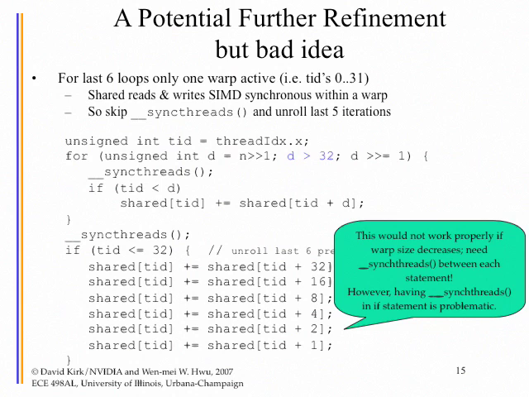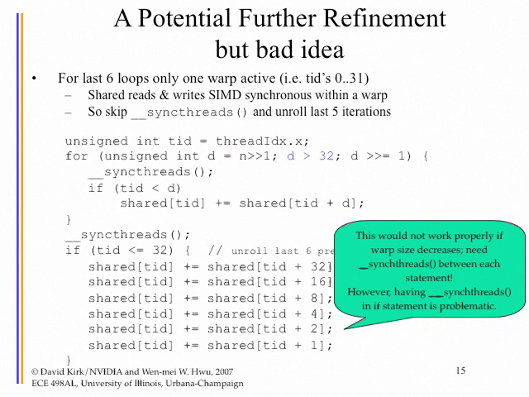If you put in the sync thread between each line, does it cost you a lot since it's all running in one warp? The code should not run any worse than the previous code. But a sync thread waits for the entire block. It's still pretty much okay.